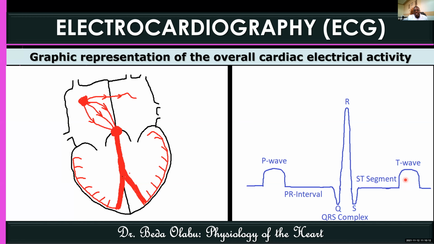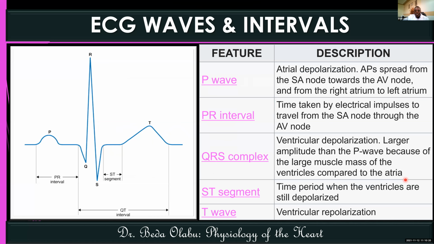Remember, T wave is ventricular repolarization, phase 3. This shows you the waveforms and the descriptions. I want to give you a minute to ask yourself from this graph, what will the QT interval actually mean?